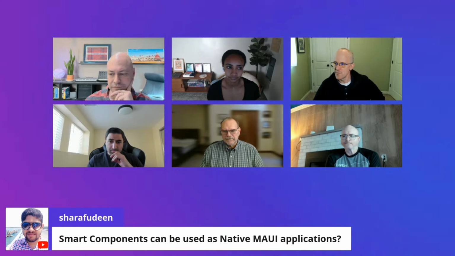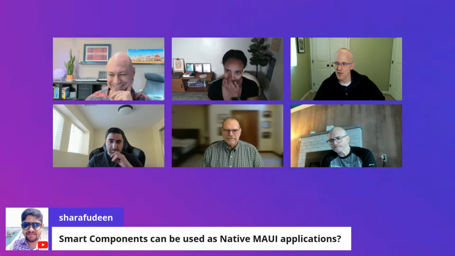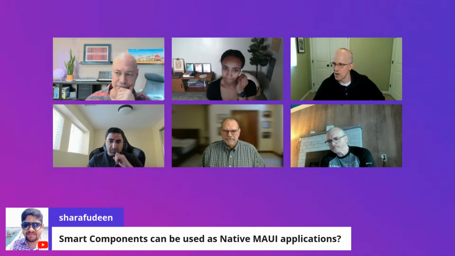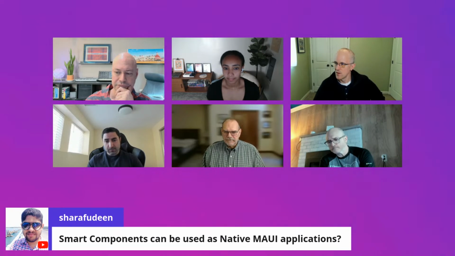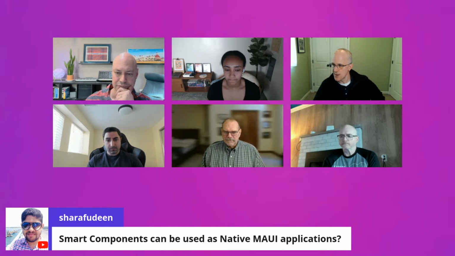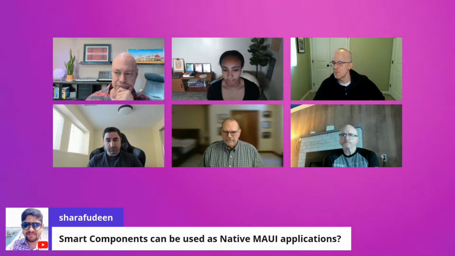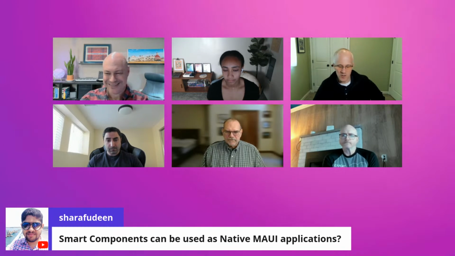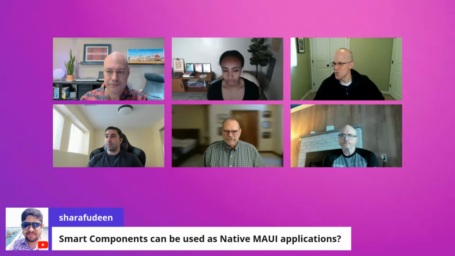The current set of components that he's put together are for web. They are web targeting. So if you're building a Blazor Hybrid app, you should be able to use, I believe, the smart components in a Blazor Hybrid app because they'll render within the web view. There are, of course, discussions about these components aren't just useful for web; they're also useful for native client development.